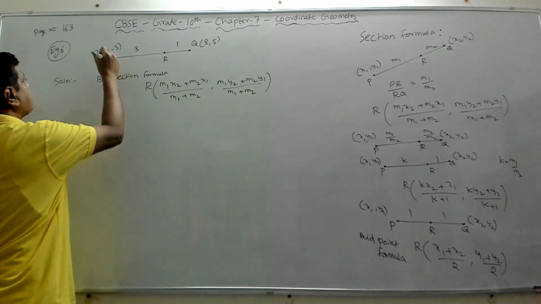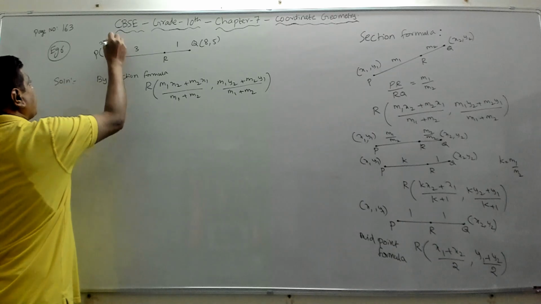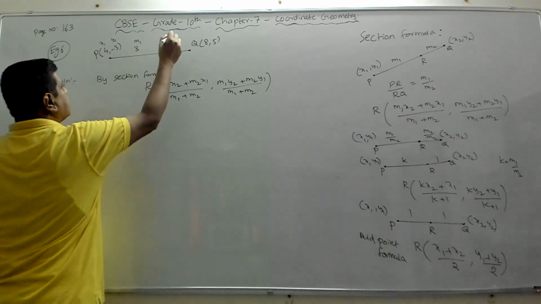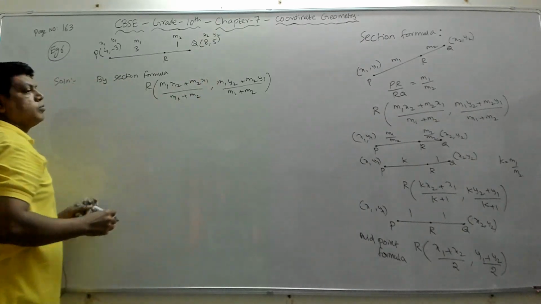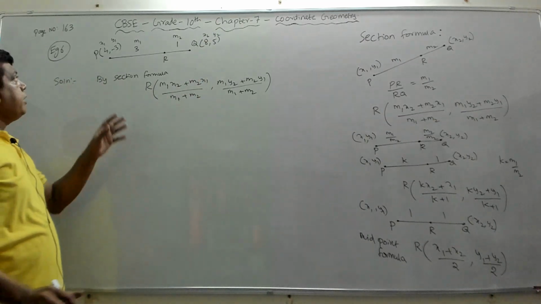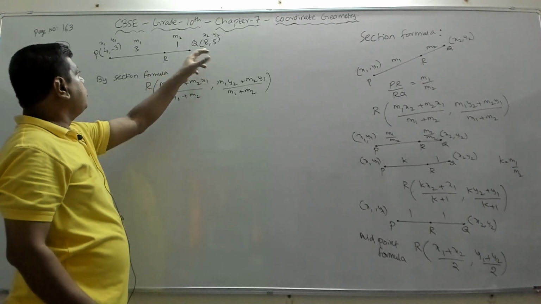Now here, this is your x1, y1, this is your m1, this is your m2, this is your x2, y2. So this is how we should take it: x1, y1, x2, y2.